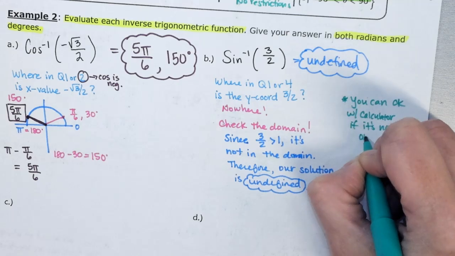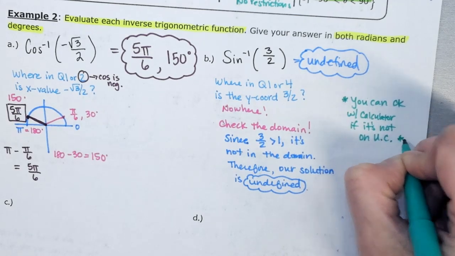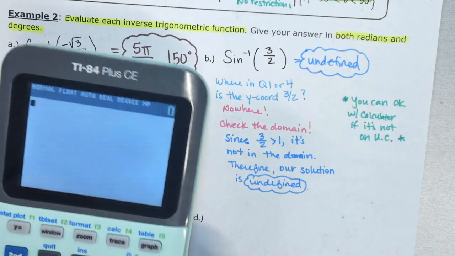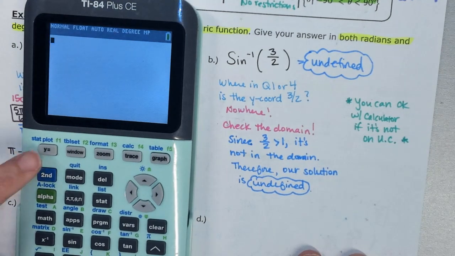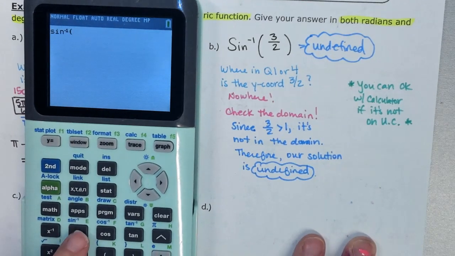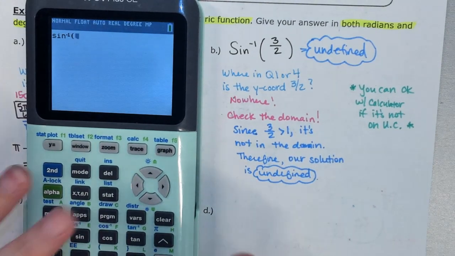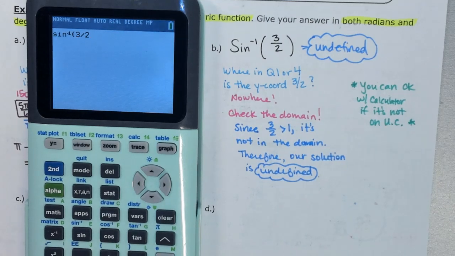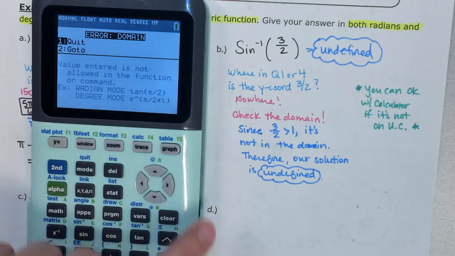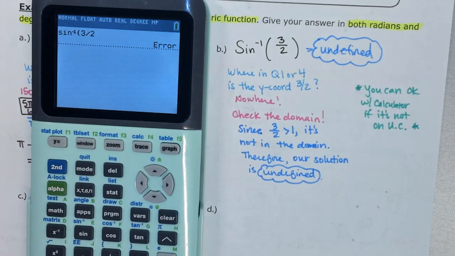If it's not on the unit circle, and if you get an error in your calculator, you know it's out of the domain. That's a good thing to check. If you do the sine inverse, which is right above your sine key here, you can just watch me for now if you don't have this handy. If you get an error domain, that means it is going to be undefined.